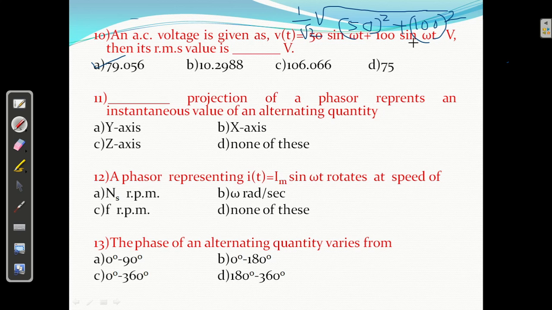So you will get 79.0567. So this A is correct. I think in the answer key I have given 106. So this is not correct. So 79.056 is correct. Okay. So please correct it. Question number 10.